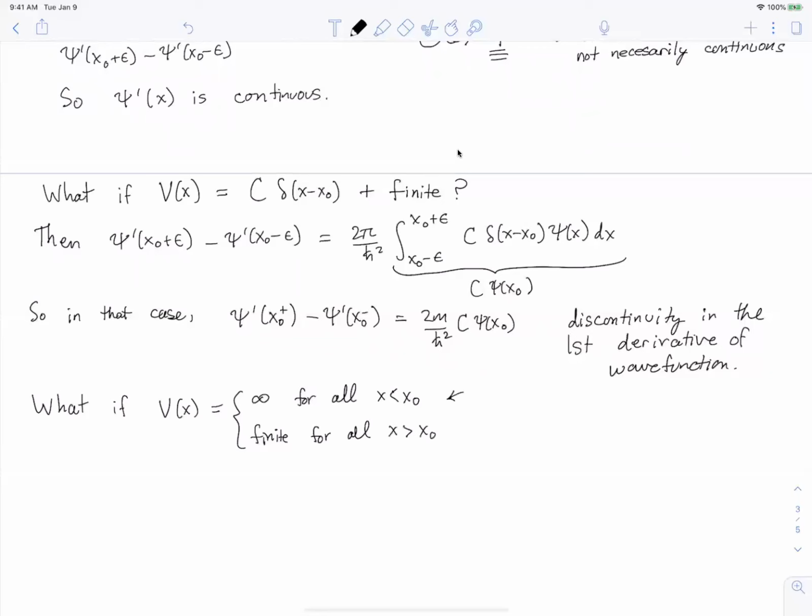So this infinity corresponds to the particle being forbidden to ever go there. It would cost an infinite amount of energy to do so. And finite means the particle is allowed to go there, at least in principle.